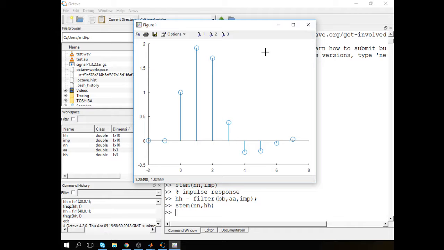Yes, you have a question. IIR, infinite impulse response system. That's infinite. It goes to infinity and beyond. That one. It never stops. So the response never stops. That's an infinite impulse response system.